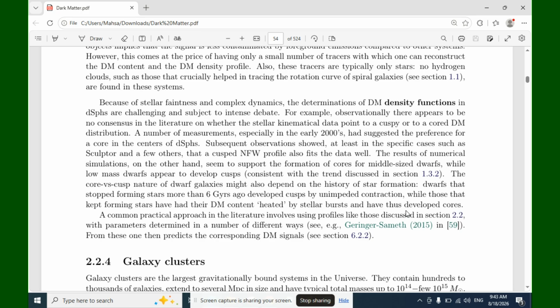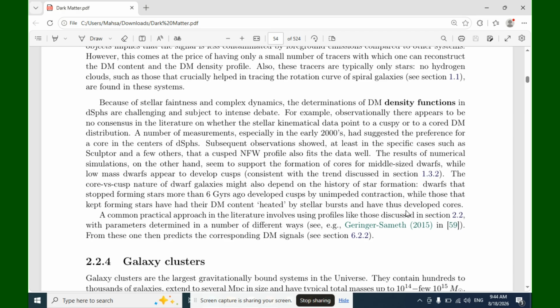A number of measurements, especially in the early 2000s, had suggested a preference for a core in the centers of the dwarf spheroidals. Subsequent observations showed, at least in specific cases such as Sculptor and a few others, that a cuspy Navarro-Frenk-White profile also fits the data well.